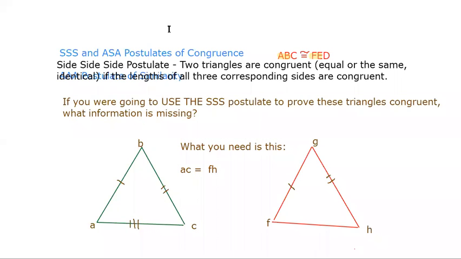That is the piece of information that you're missing, that this side of the triangle is congruent to the other side. We do not have this marking. We do not know that these are congruent because there's no marking showing that in the picture. But if we were going to use the side, side, side, that is exactly what we would need. Not saying we're going to get it, not saying they are, but they're going to ask you what piece of information is missing.